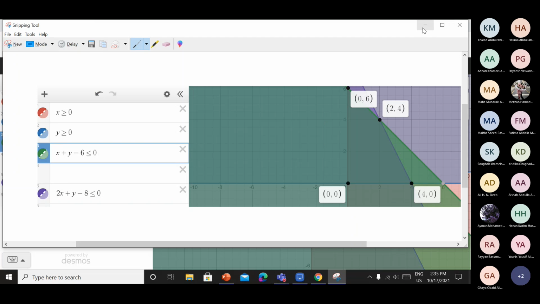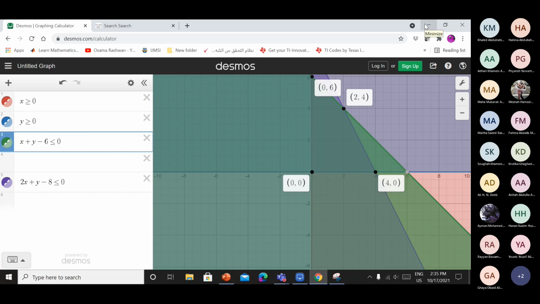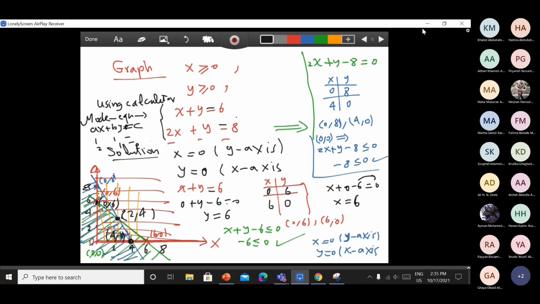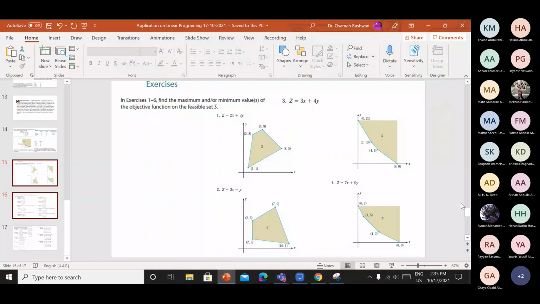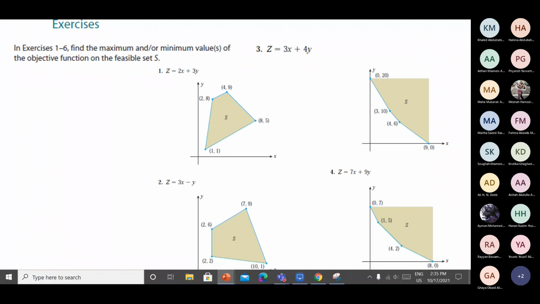Now let's go for how to find the maximum or the minimum, as we said, at the corner. Look at this one. He already graphed it for you, and he would like you to find the maximum or minimum values, right? So let's do it one by one.